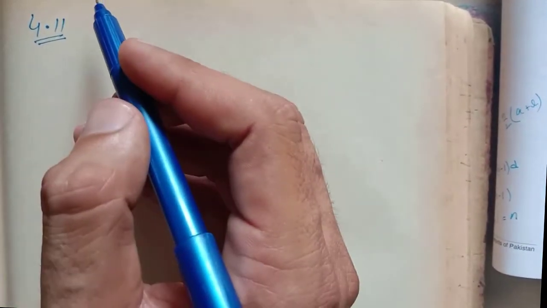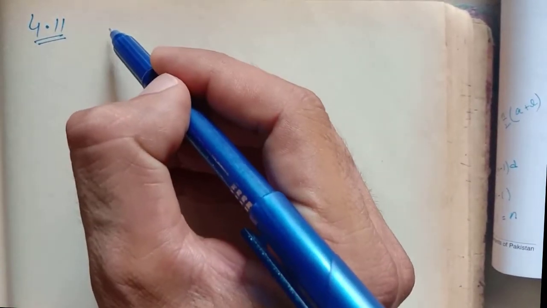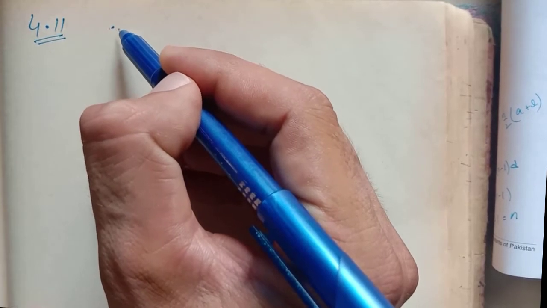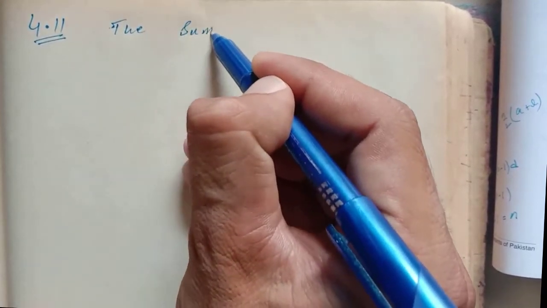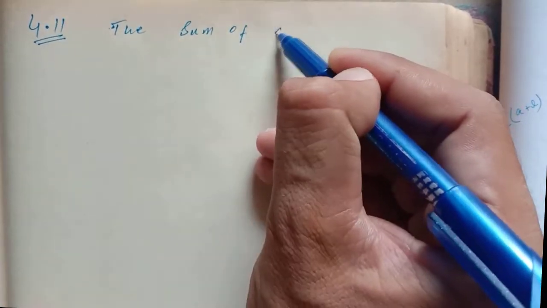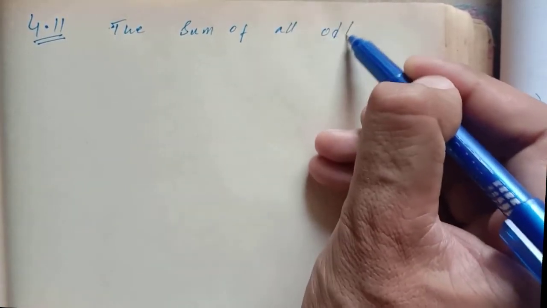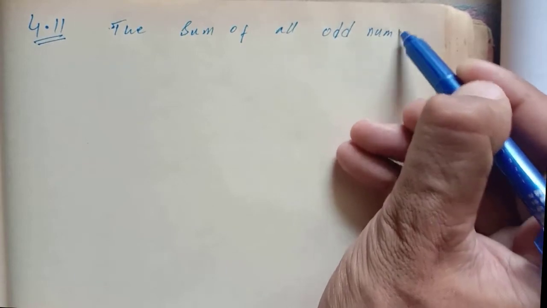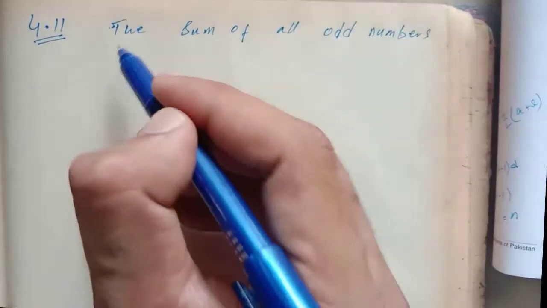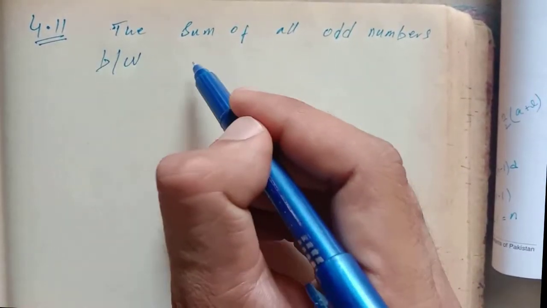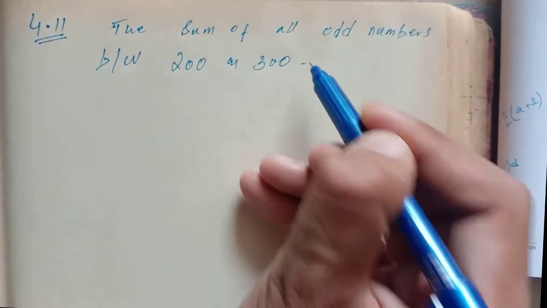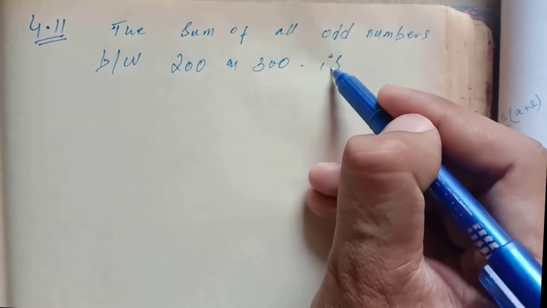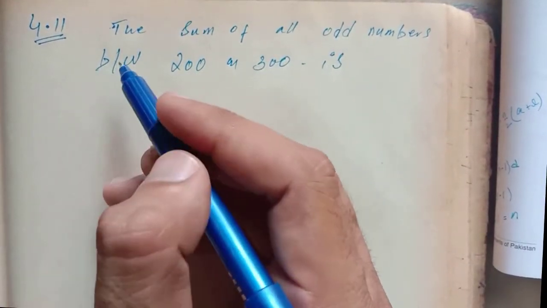The sum of all odd numbers between 200 and 300 is.